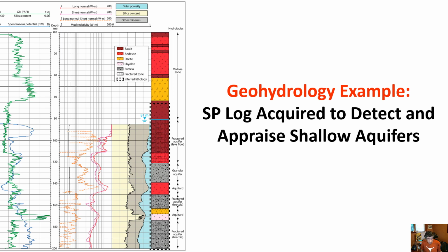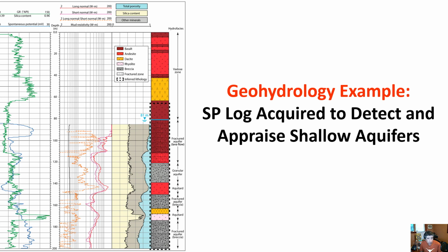The other thing that is very important is that in geohydrology, the usage of the spontaneous potential log is very important for assessing ion mobility, and in places where ion mobility correlates with permeability, obviously this is an indirect indication of permeability.